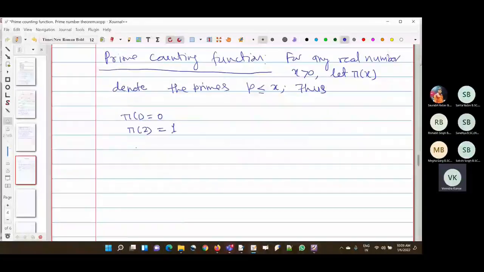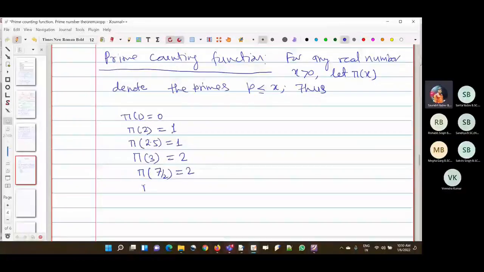What about pi of 2.5? 1. Less than or equal to 2.5, and we need to find the primes. Pi of 3: 2. One is 2, one is 3, so 2.